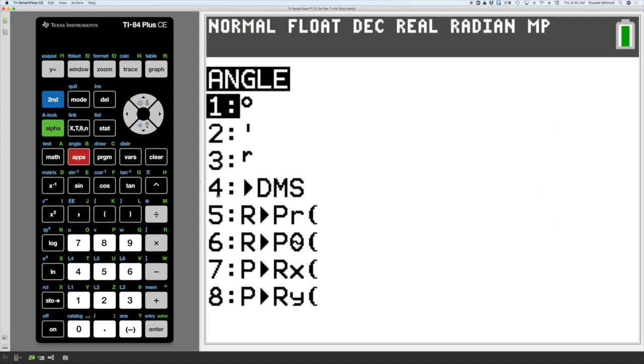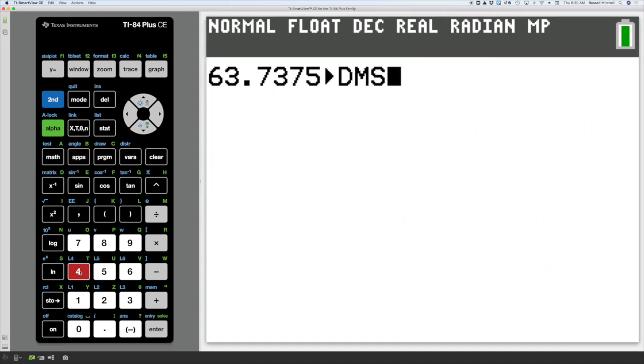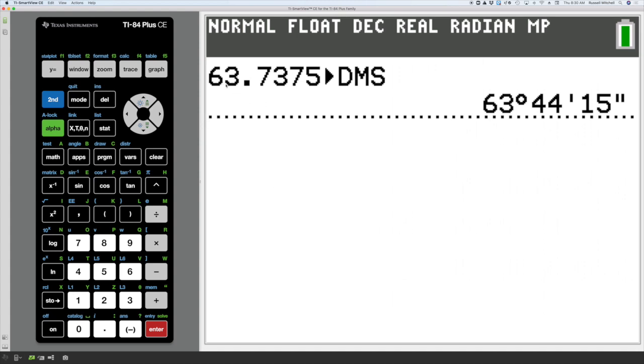And then we're going to select number 4, which is this DMS. This arrow represents change to degree minute seconds. So you just press 4 and then press enter. Okay, so this angle, 63.7375 degrees, converted to degree minute seconds, is 63 degrees, 44 minutes, 15 seconds. Okay, and so we would just write that on our paper.